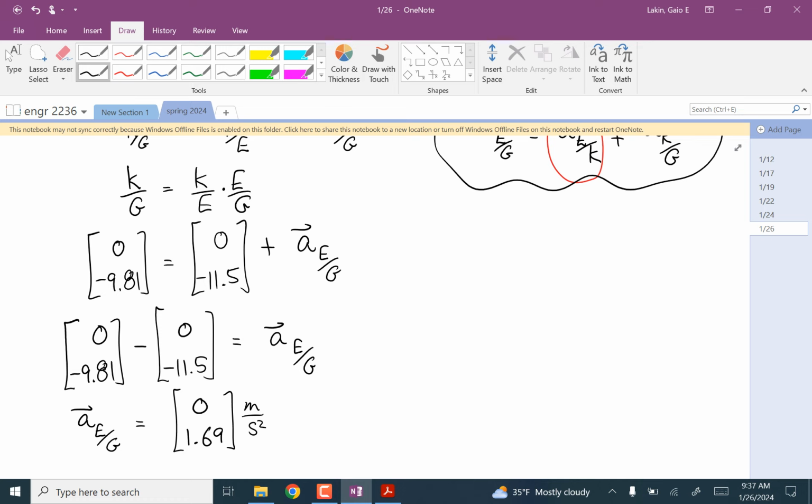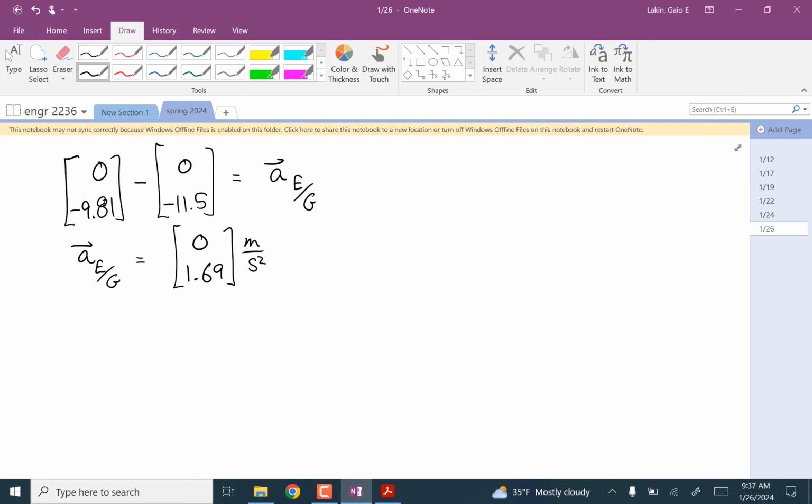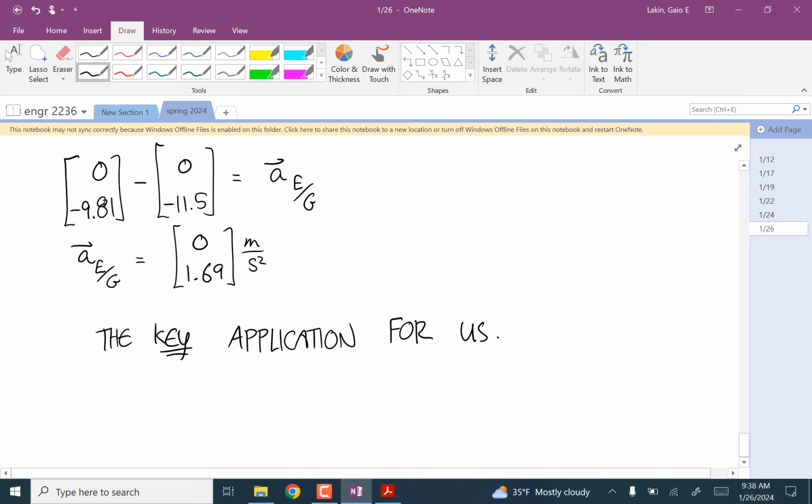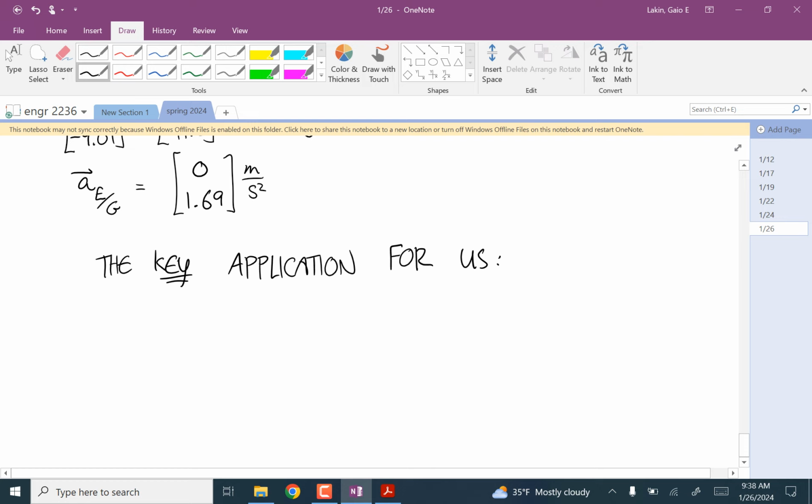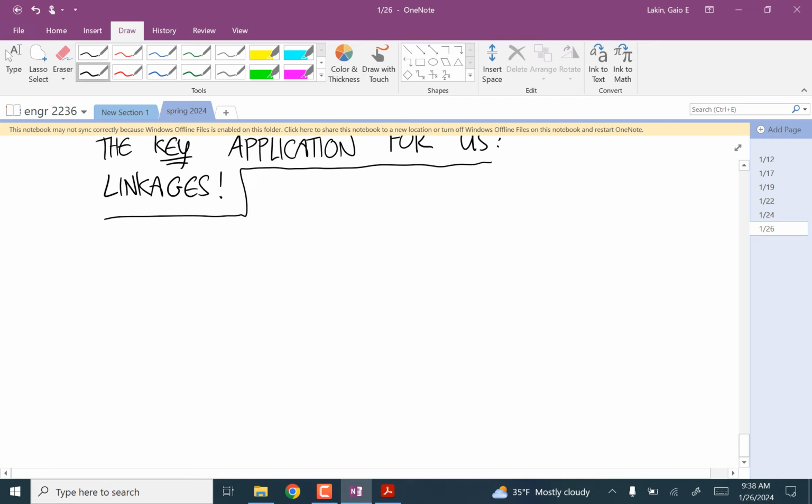Okay, so now the real reason that relative motion is going to be so important to us is, okay, so this is the key, no pun intended, application for us. Linkages. Okay, so here's what we're going to do.